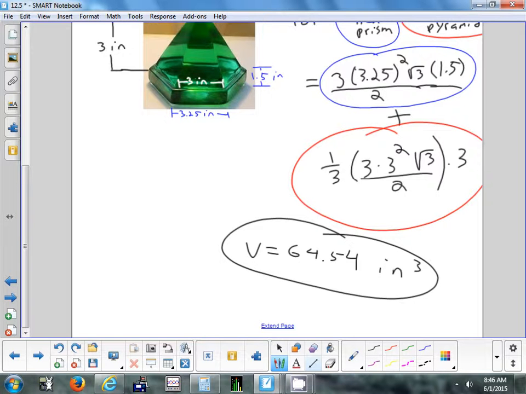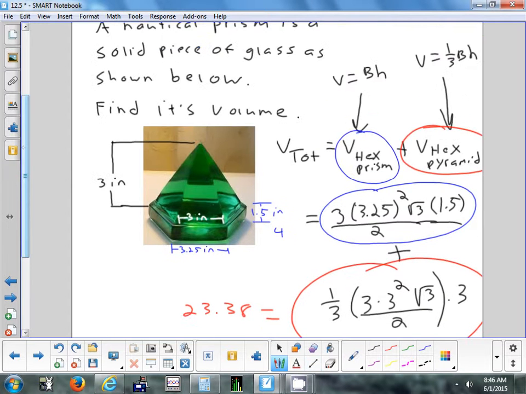If you find the volume of the pyramid, that part comes out to 23.38. That's just the top part. And then the bottom part is about 41.46.